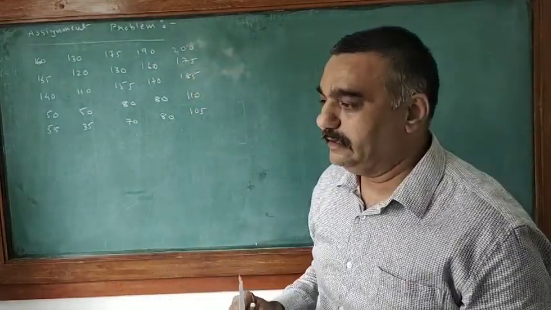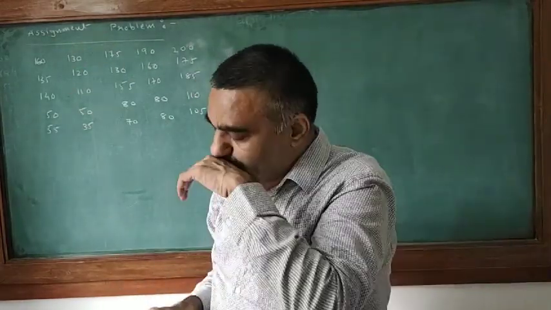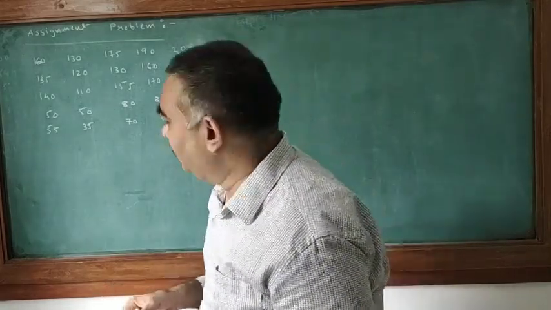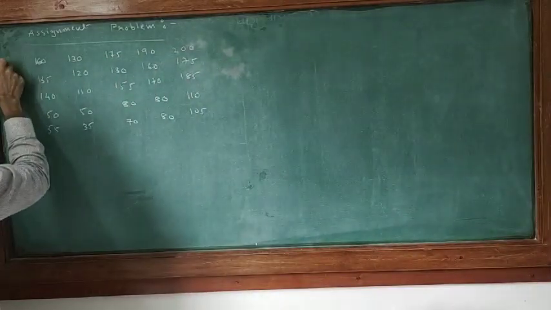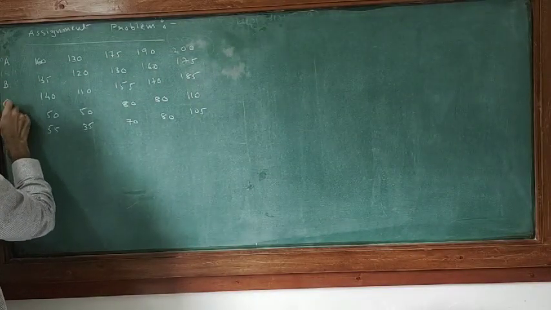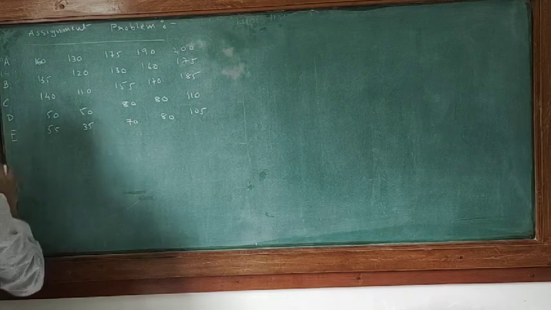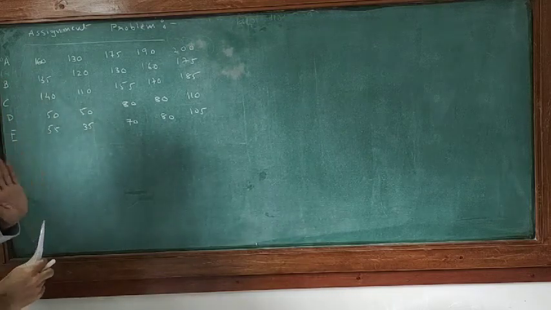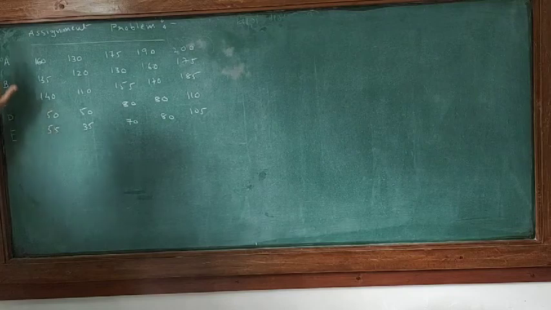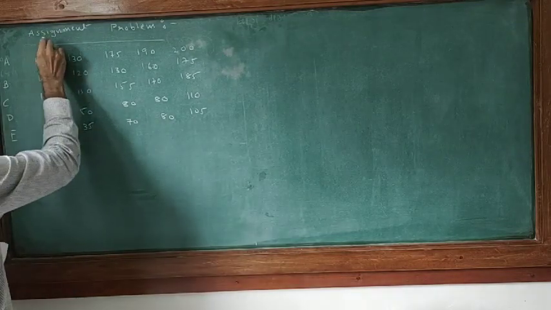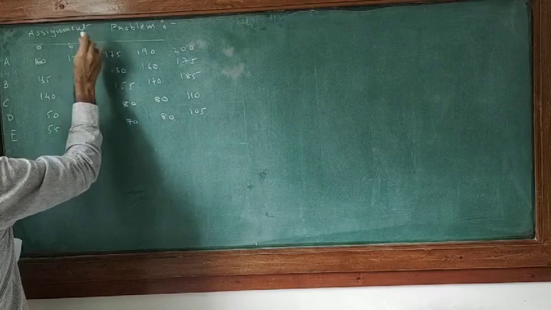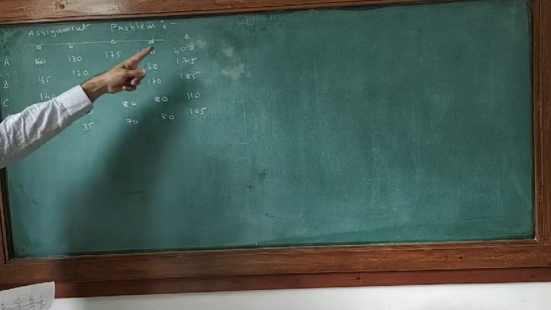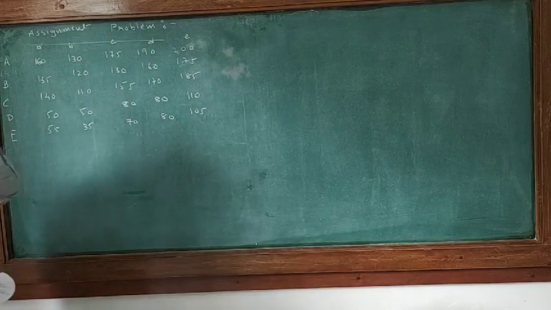So dear students, this is the assignment problem, which is a special type of transportation problem. Now here we have A, B, C, D and E. These are origins where our cars are parked. 5 cars are parked at these places, and A, B, C, D and E are 5 destinations where we require a car.